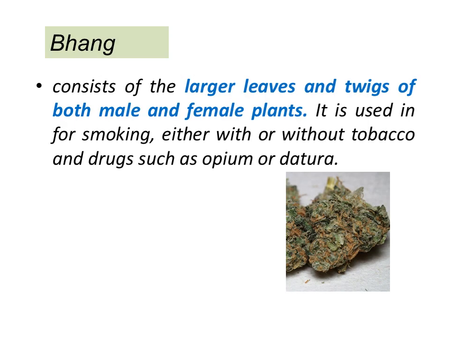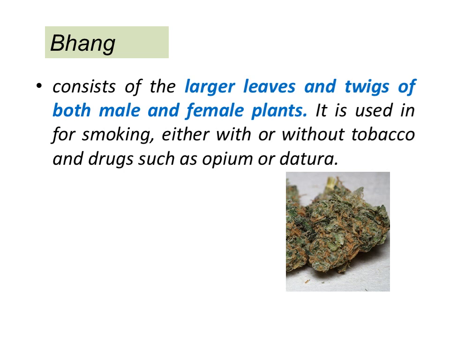The second cannabis preparation is bhang in Indian, or bango in Arabic. It is a mixture of the male and female plant. It consists of the larger leaves and twigs of both male and female plants. Let me remind you that the definition of cannabis in the Indian pharmacopoeia states that only the female plant and its flowering and fruiting tops are used, not the whole plant.